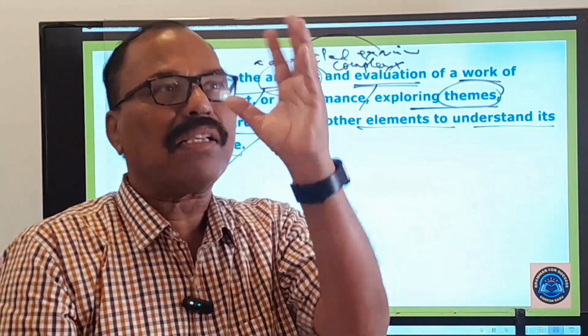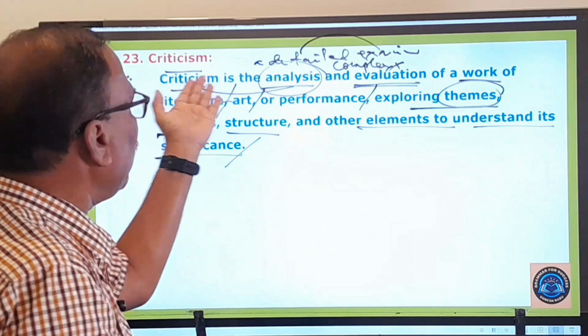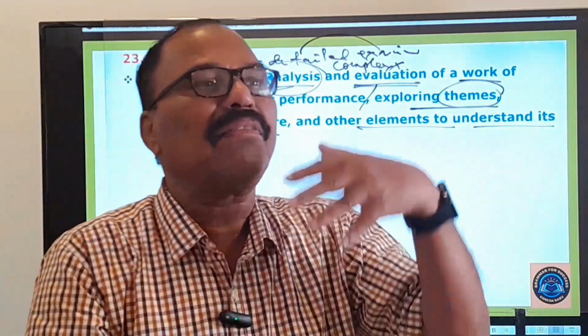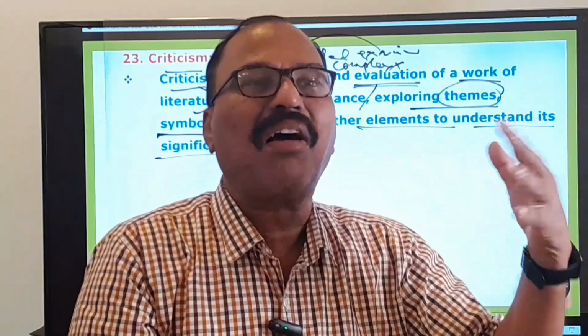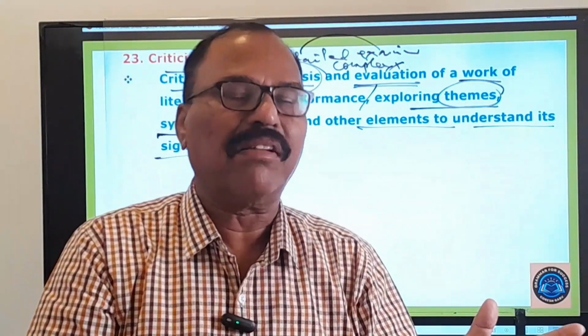In order to assess or estimate the value of a literary work, the critics will take all these things into consideration and they will decide whether that work of literature is good or bad or standard or substandard and so on.